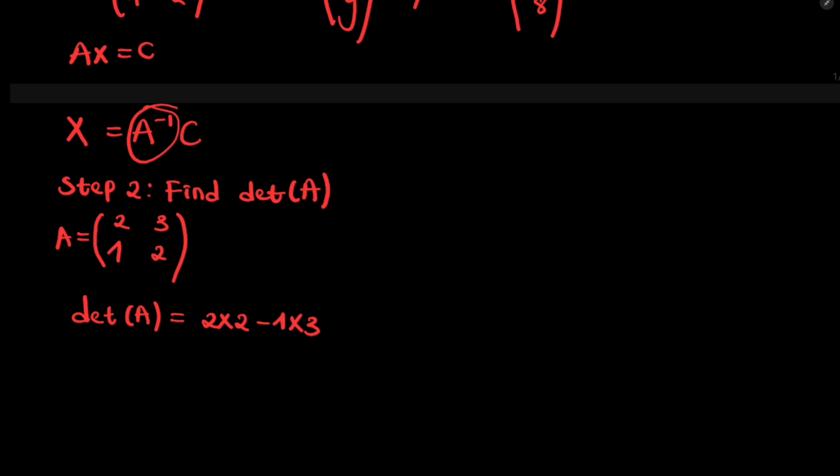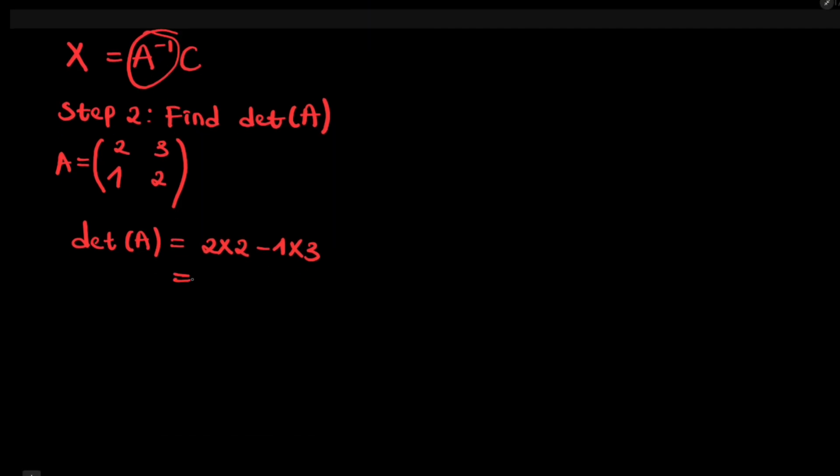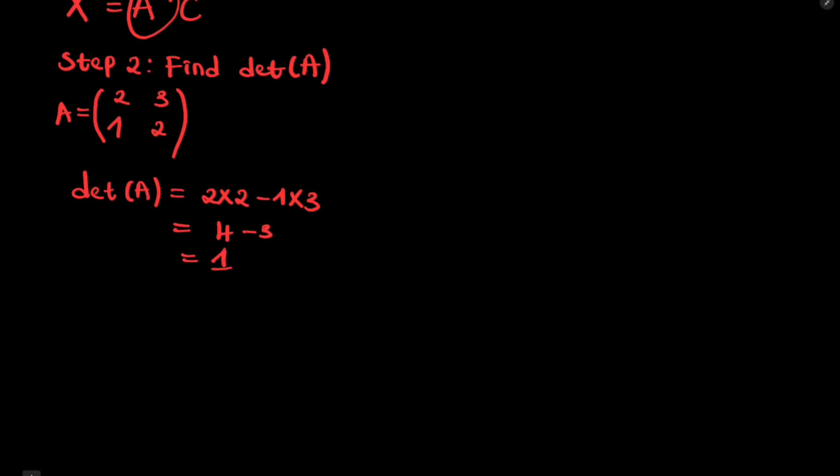We multiply the numbers at the diagonal and subtract those at the non-diagonal. So this will give us 4 minus 3, which is 1. That is the determinant. It's nothing difficult. Now step 3, to find the adjoint of that matrix.